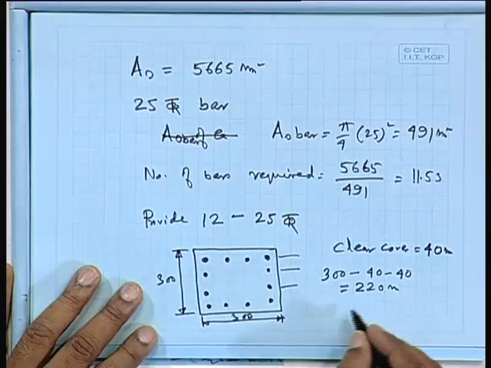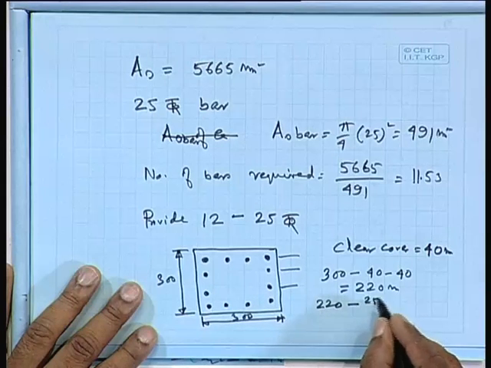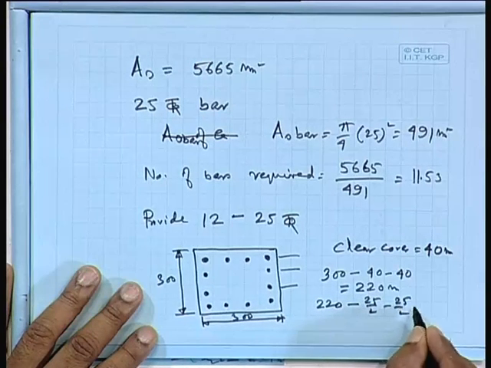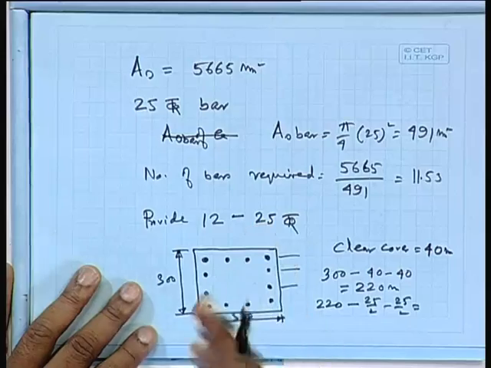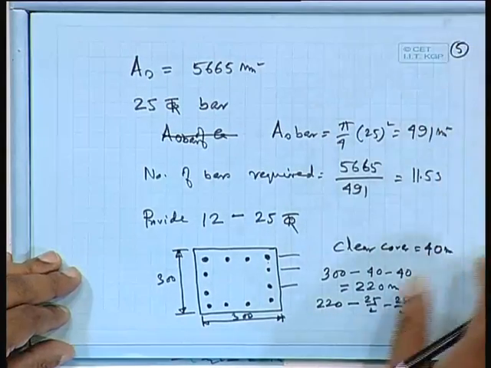Okay. So, 220 minus 25 by 2 minus 25 by 2, it means from both sides, from the center I am talking. So, what we are getting here.